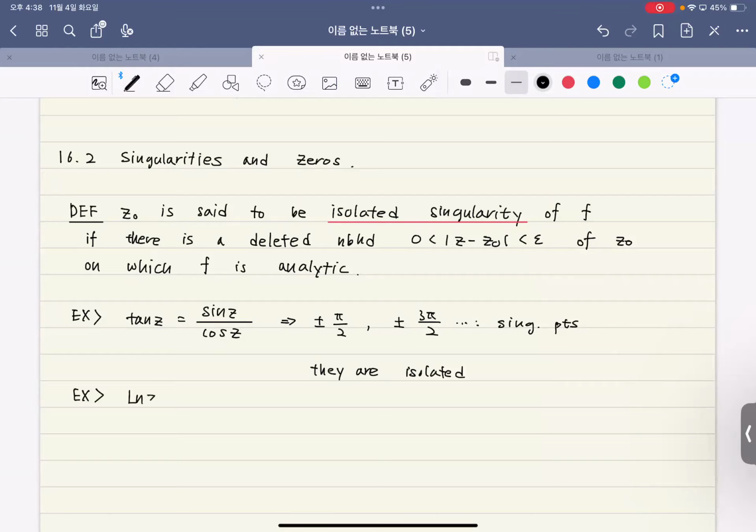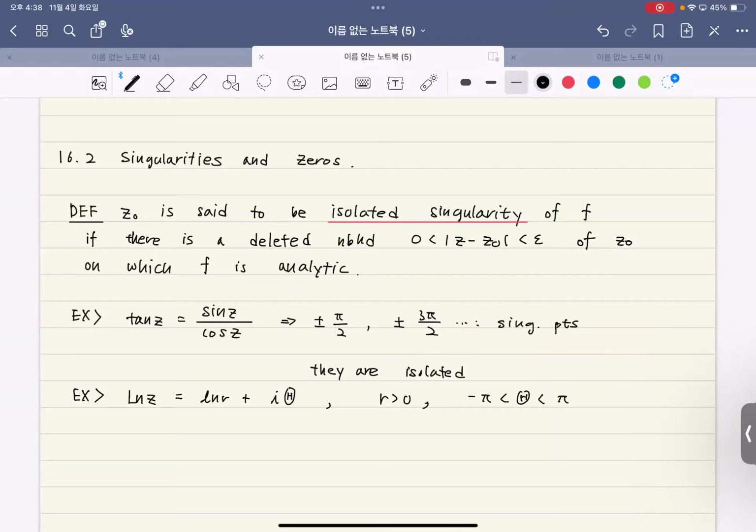So what about this function? The principal branch of the logarithm function, ln r plus i times theta. Here r is positive, and this is what we call the principal branch of the logarithmic function.